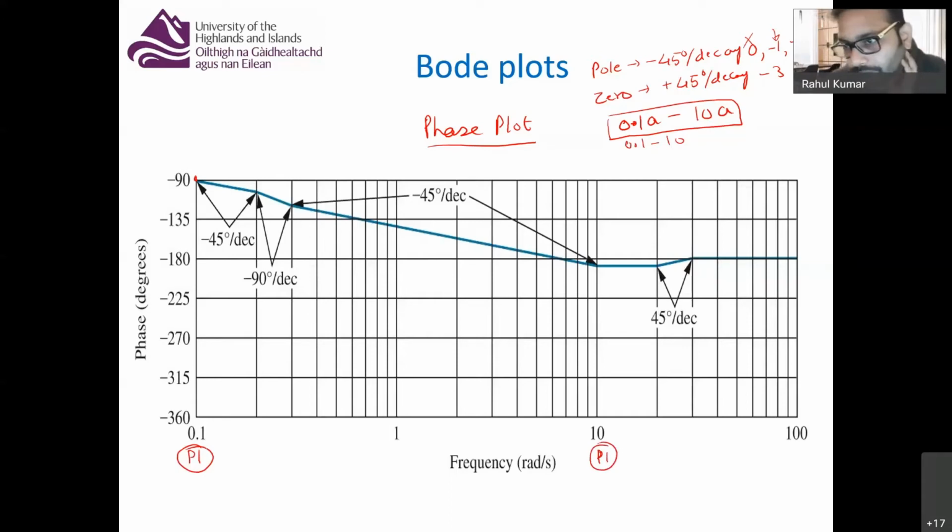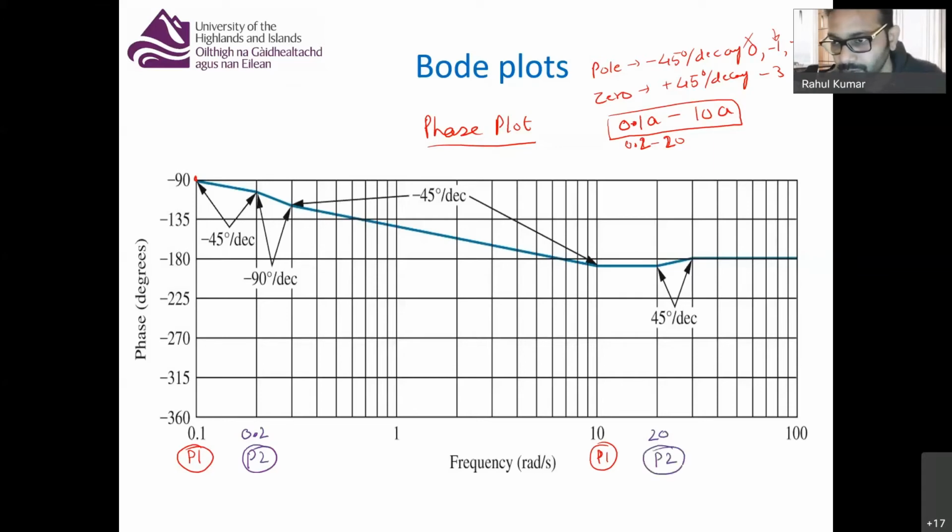The next pole is at 2, so the effect will start from 0.2 and go all the way up to 20. Let's use a different color, purple. 0.2 will be here. This is the starting point of the effect for the second pole, P2.